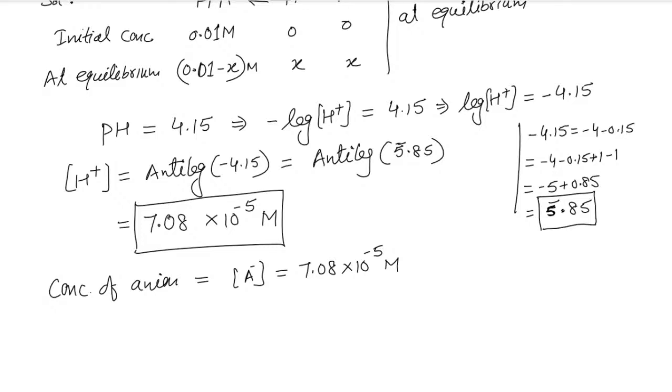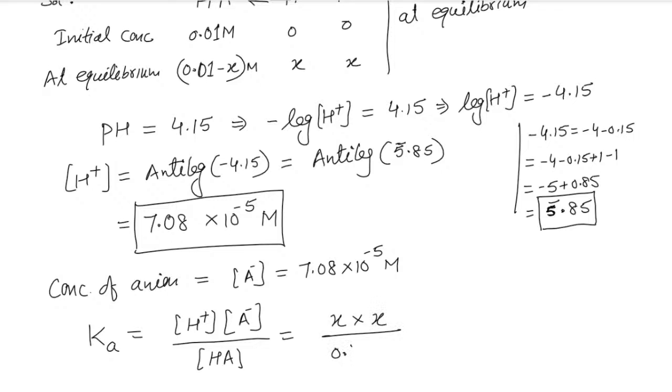Now next is calculation of ionization constant. So what is Ka? Ka equals H plus ion concentration times A negative ion concentration over HA concentration. So it is equal to X into X divided by 0.01 minus X. Now say the concentration of A negative ion is very less, that means X is very less as compared to 0.01.